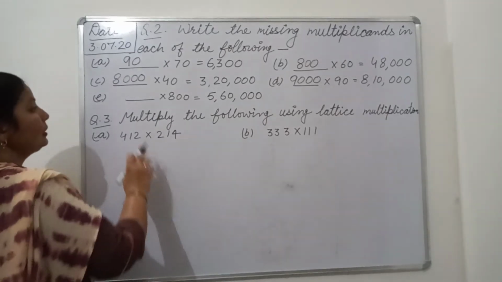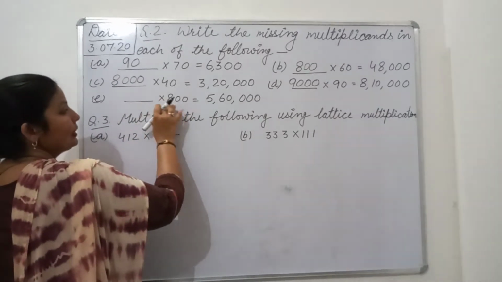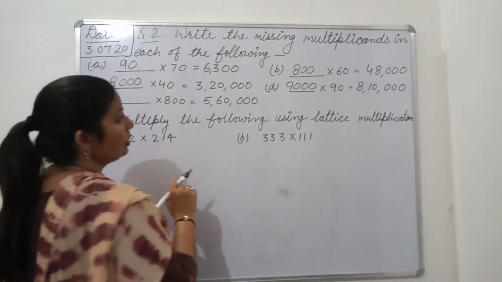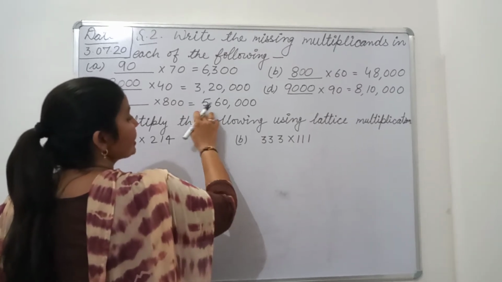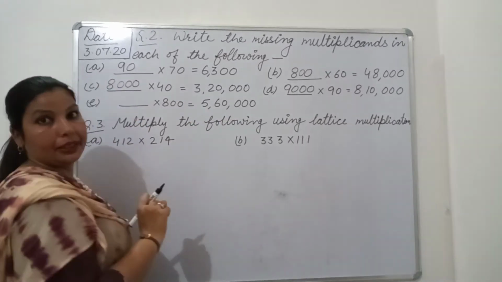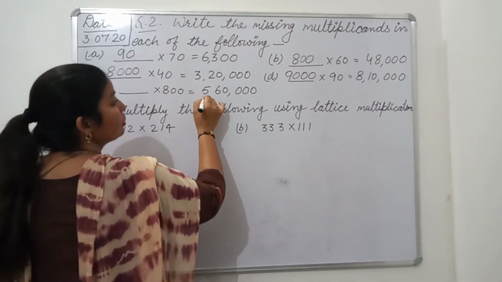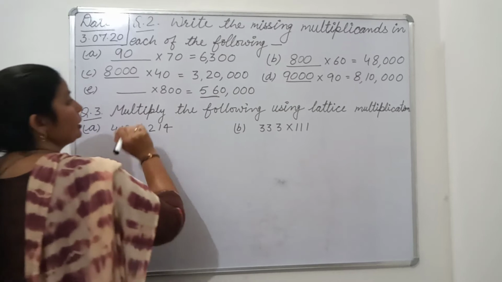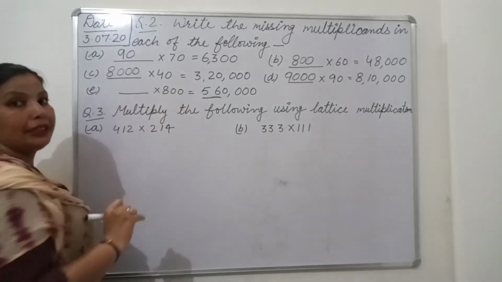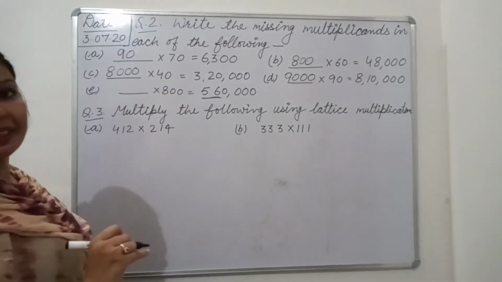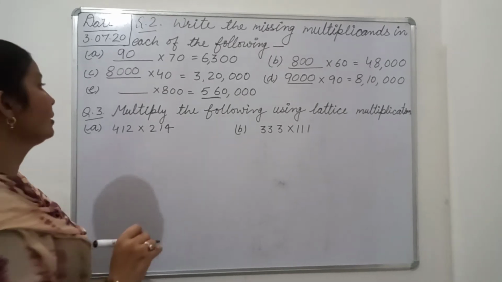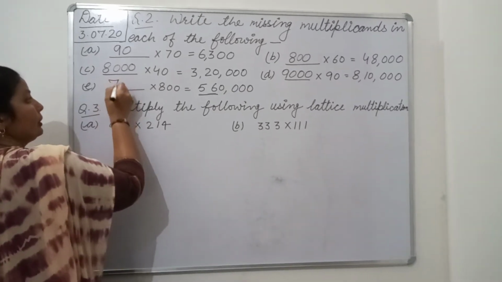Next, E part. 800 is our multiplier and 5,60,000 is our product. So now we will see the non-zero product. Non-zero product is 56. Now in the 8 table, where is 56? 8 sevens are 56. So we use here 7.